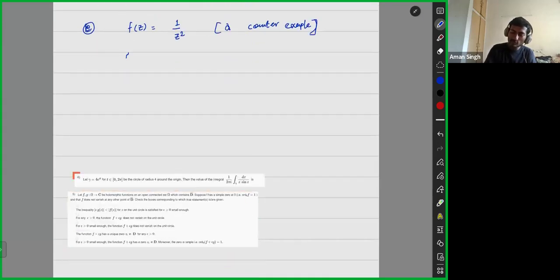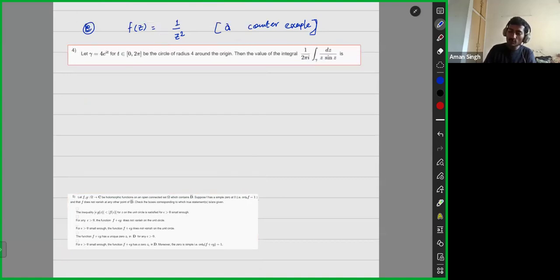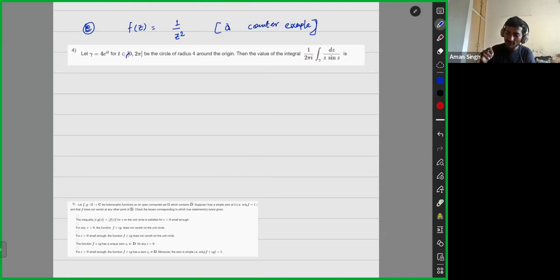Now we have two more questions left to do, and I would like to know which question to do first. We have a closed circle of radius 4, and we have to calculate some integral.